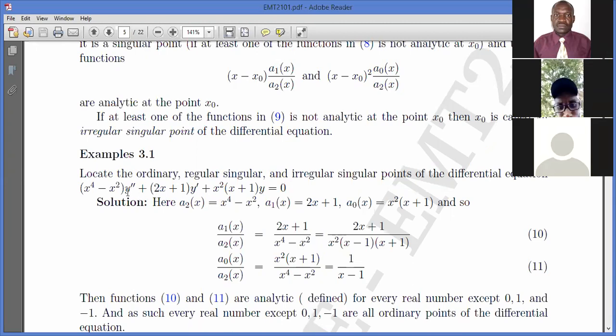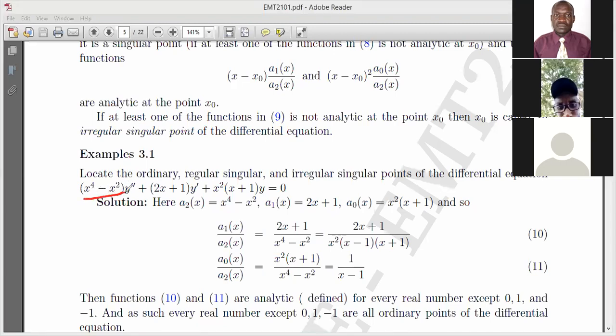And you can see we have x to the 4 minus x squared. So this whole term here is A2.